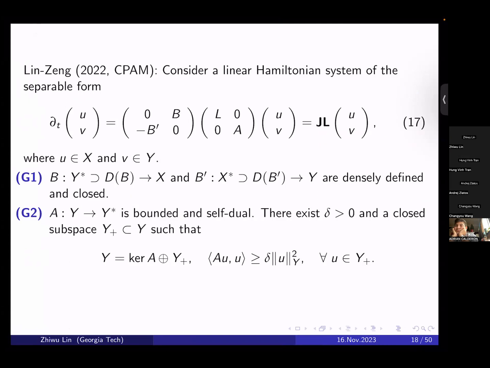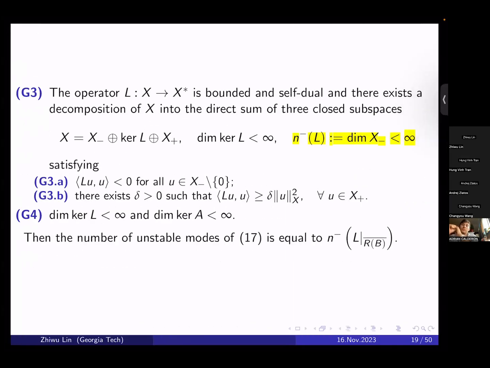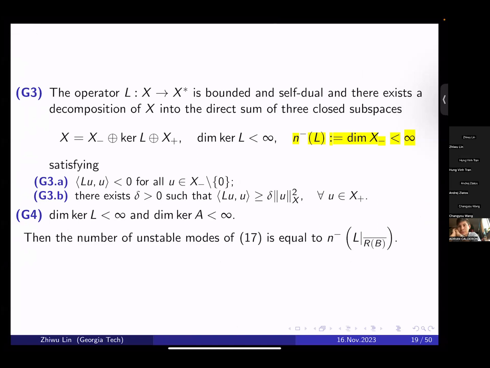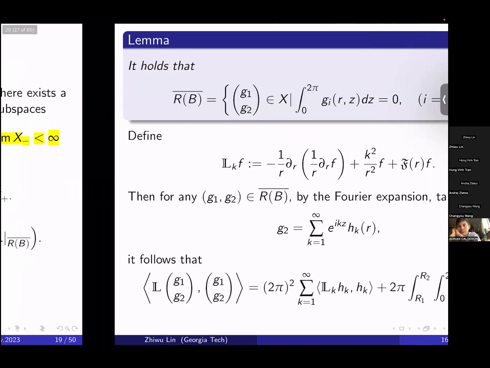If you want to find the eigenvalues of this linearized problem, you can equivalently find the number of negative directions of the quadratic form of L restricted to a subspace, the range space of B. Somehow it becomes a much easier problem to study. This is one of the main conclusions for this general Hamiltonian system.